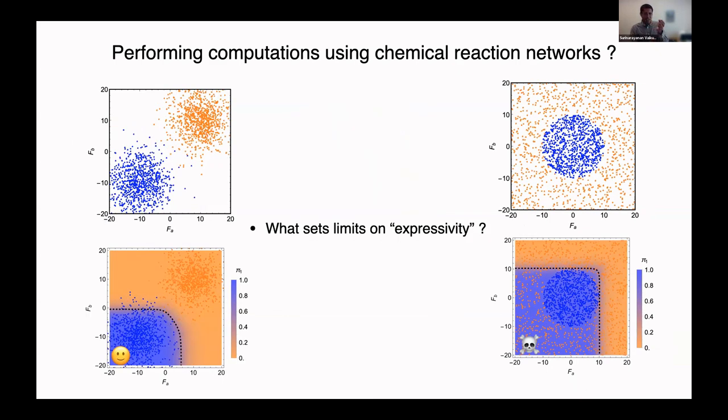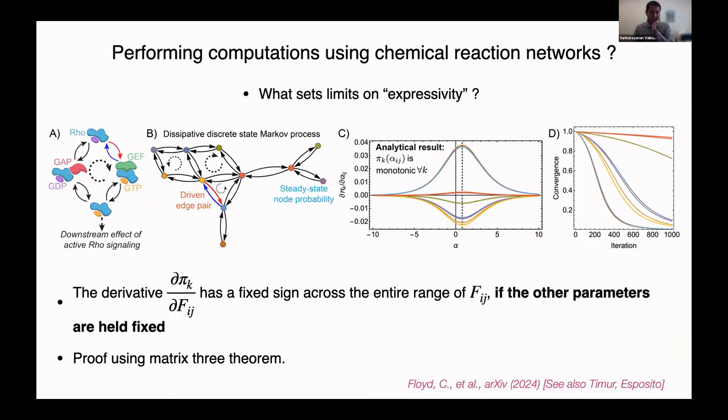And this is where Cal did all this in the last few weeks, which was super nice. Cal figured out a way to explain how one can set bounds on expressivity. And this goes back to some really interesting work that Esposito and Timur also have in a different paper.